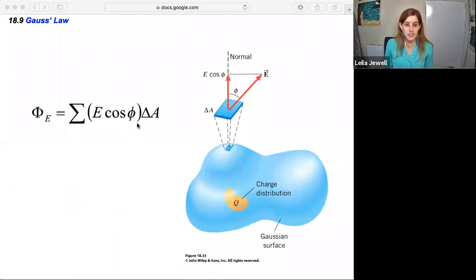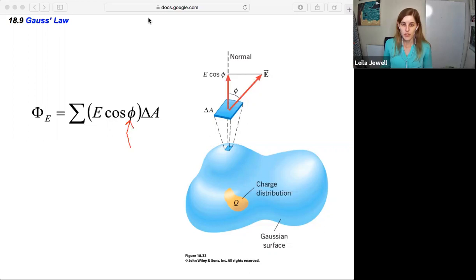In that case, our electric flux, which by the way is the Greek letter phi, the capital version of it with an E subscript, because we will see magnetic flux as well. So this is electric flux. If it's not exactly perpendicular, then we have the electric field times the cosine of the angle between the electric field and the normal to the surface.